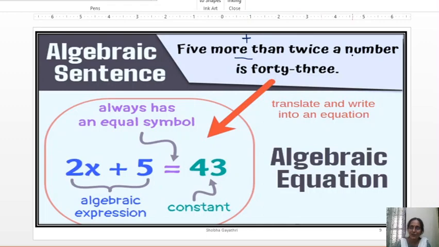Twice a number: we don't know the number, so mark it as x. Twice a number means 2 times x. Is means equals to 43. So 2x plus 5 equals 43 is the algebraic equation for this word statement.